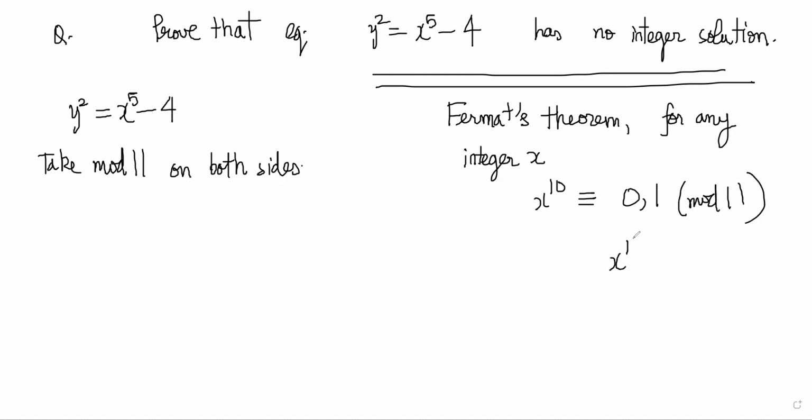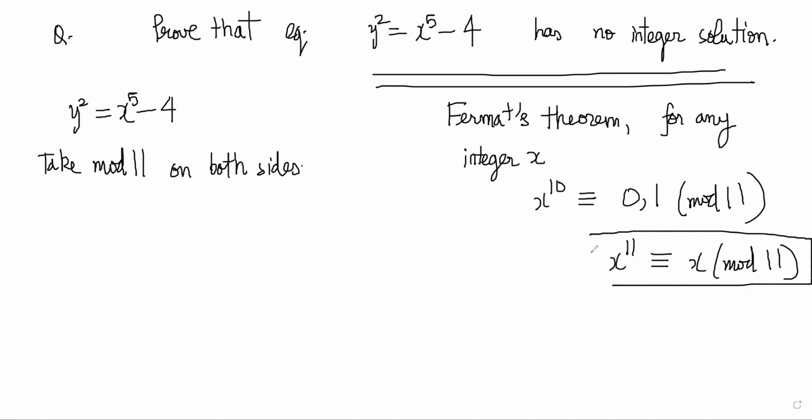Why? Because x to the power 11, which is the prime, is congruent to x mod 11. This is Fermat's theorem. From here we can conclude this. So x to the power 10 is congruent to 0 or 1 mod 11, so x to the power 5 will be congruent to 0 or plus minus 1 mod 11.